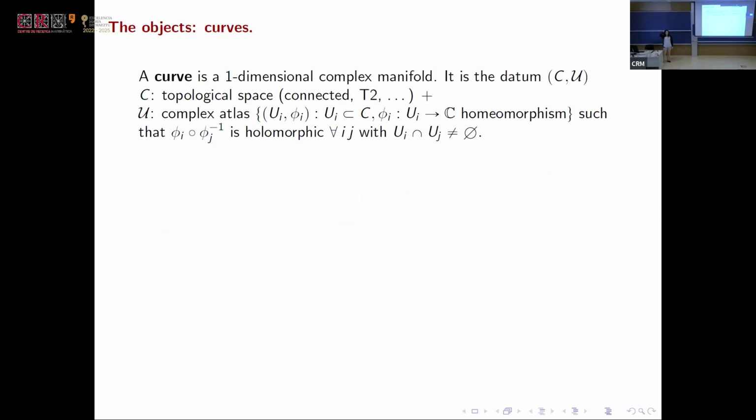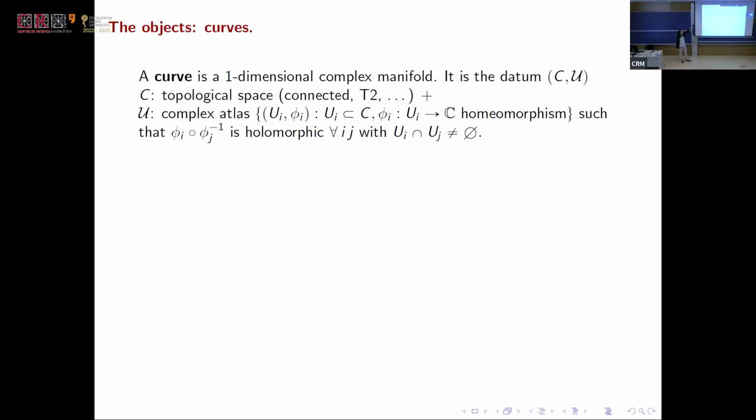So, the first object that we want to introduce is a curve. Since I work over C, for me a curve is a one-dimensional complex manifold. It's the datum of two elements: a topological space and a complex atlas, where a complex atlas is the way to give coordinates on the topological space.